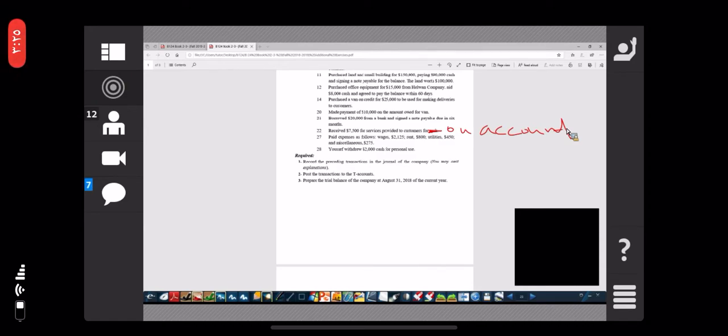You provide service to customers, but the customer does not pay you. It means service on account. Not accounts payable, Maher. Accounts receivable. Okay? Accounts receivable.